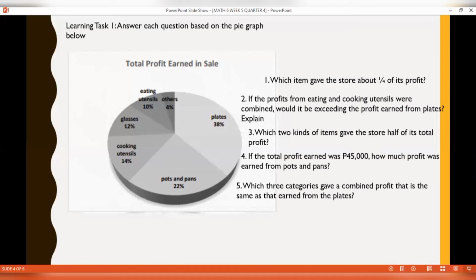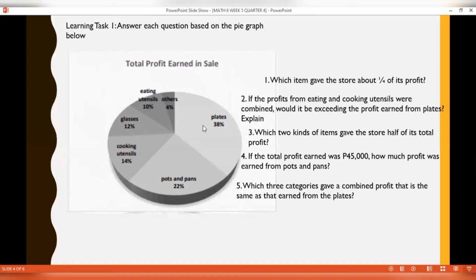And number 5, which 3 categories gave a combined profit that is the same as the earned from the plates? So yung plates natin, 38%. So alin daw dito sa mga natitira na kapag inad mo, alin sa tatlo, pili ka ng tatlong categories dito na kapag pinag-add mo ay equal siya dito sa 38% ng plates.